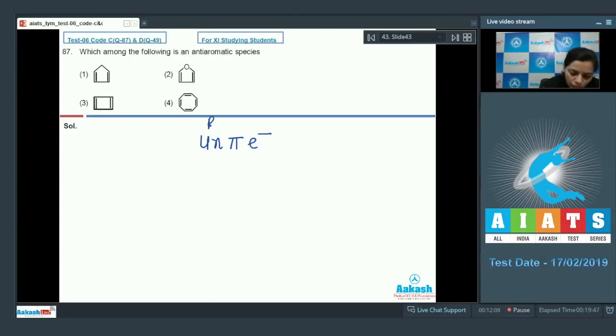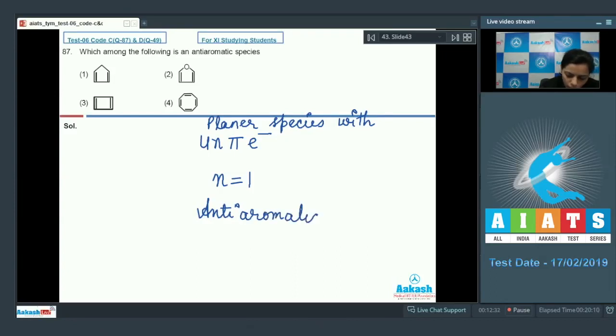Means species should be planar with 4n pi electrons. If you look at the structure, there are 4 pi electrons, and if it is so, then n value is 1, and that's why this is anti-aromatic. And yes, third option is the correct option for this question.